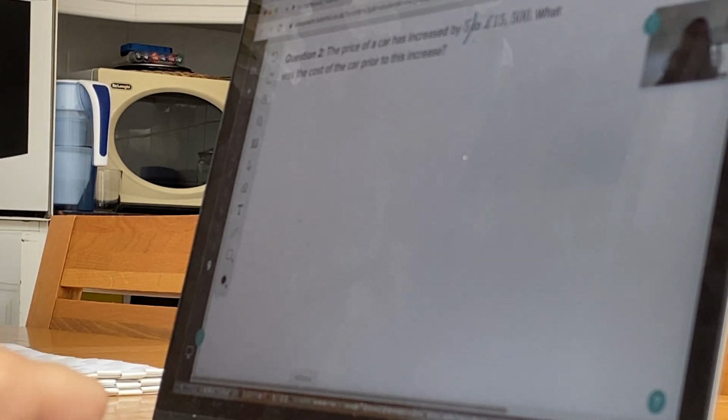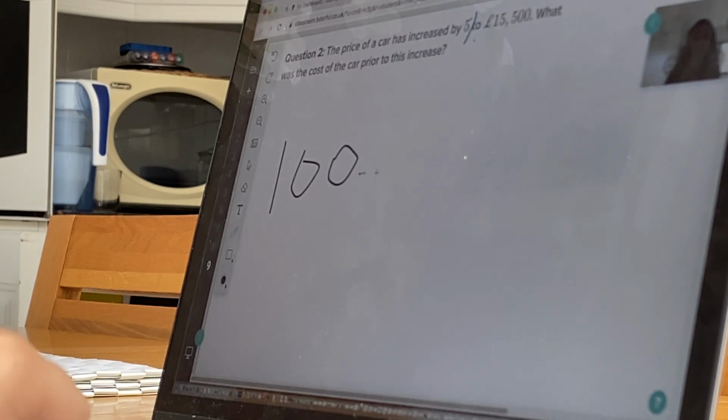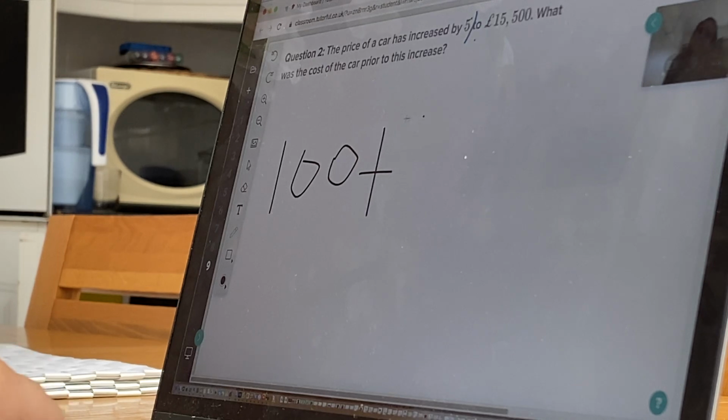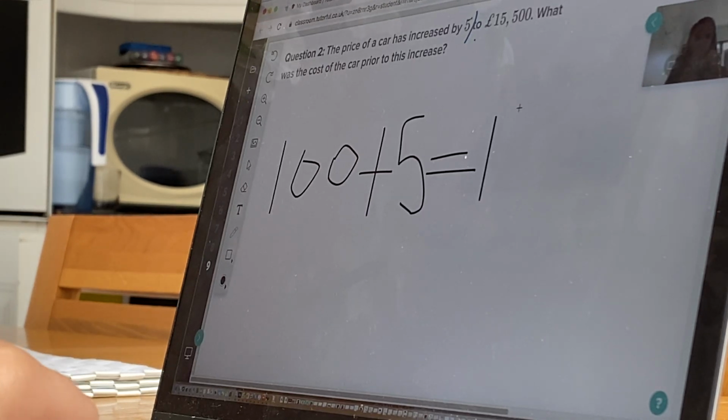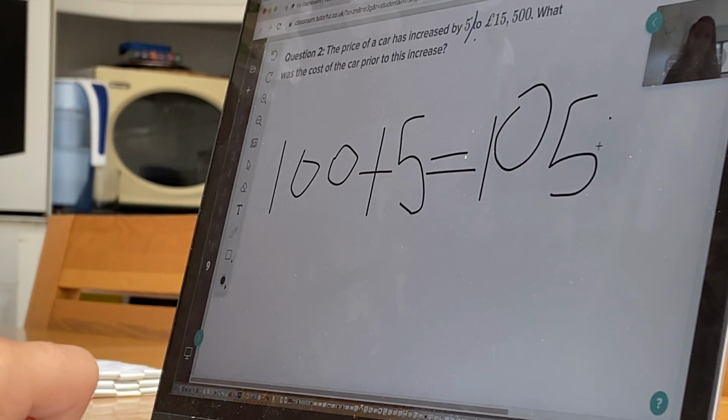So, 100, 105%. Perfect, 105%. Well done. Great spot.